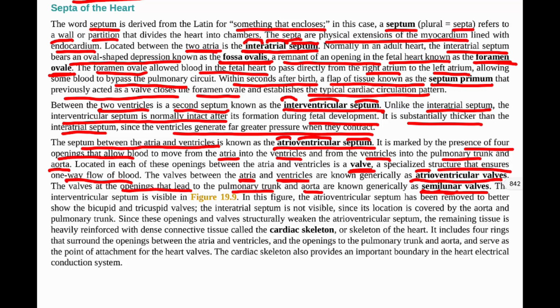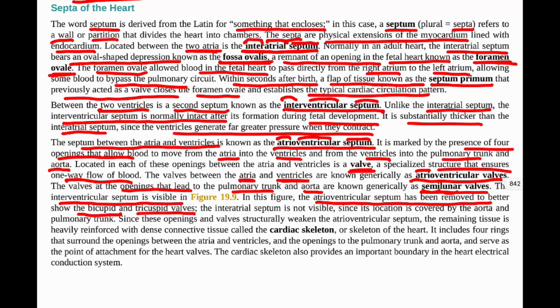The interventricular septum is visible in this image. In the figure, the atrioventricular septum has been removed to better show the bicuspid and tricuspid valves. Those are atrioventricular valves. The interatrial septum is not visible since its location is covered by the aorta and the pulmonary trunk.